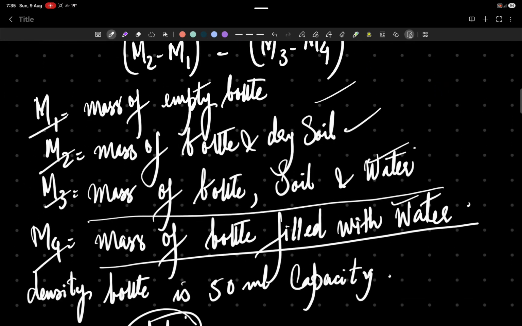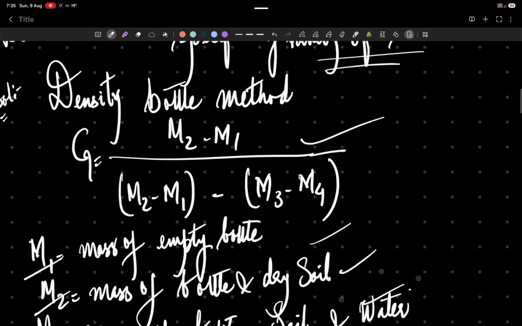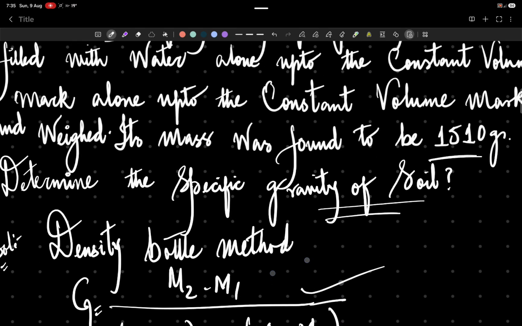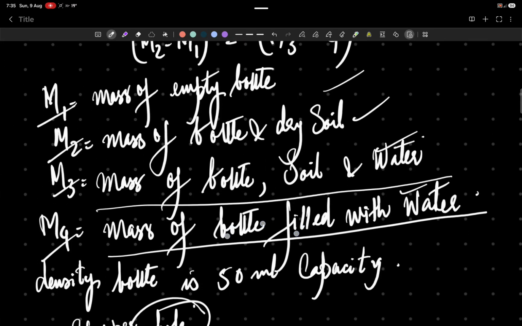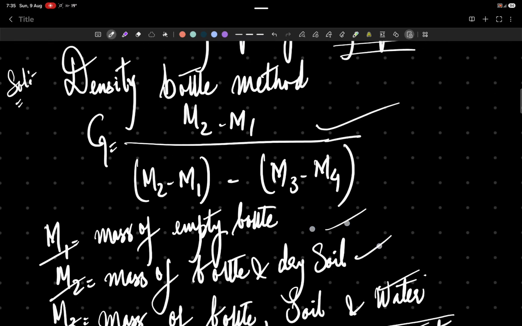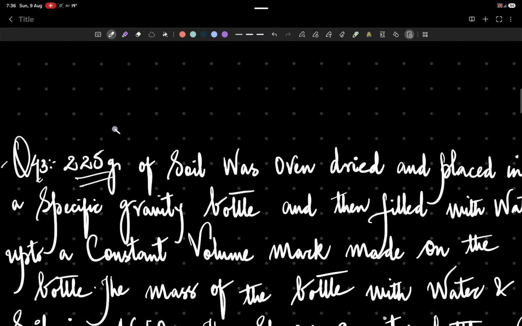So here you can see I have the mass of soil, I have M3, I have M4. But in the equation, listen carefully, I don't have M1 and M2. M1 is the mass of the empty bottle, and M2 is the mass of the bottle and dry soil. We don't have these, but we have the mass of soil, 225 grams of soil that was oven dried and placed in this specific gravity bottle.